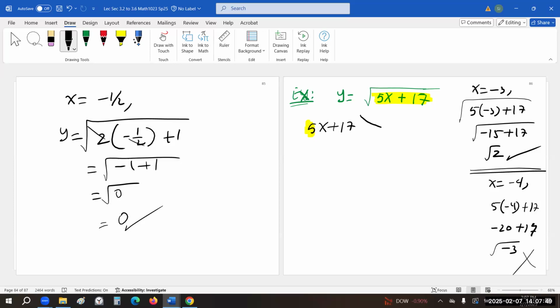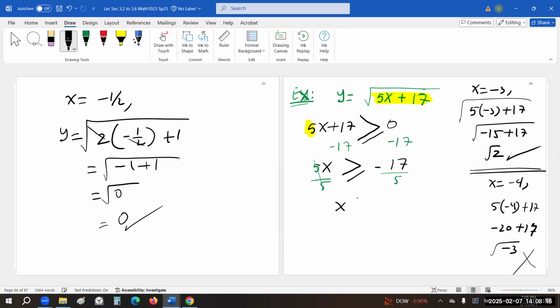This thing must be bigger than 0. Also, it can be equal to 0. And now solve for x. How are you going to solve for x? Subtract 17. That gives us 5x is bigger than or equal to negative 17. And then divide by 5.